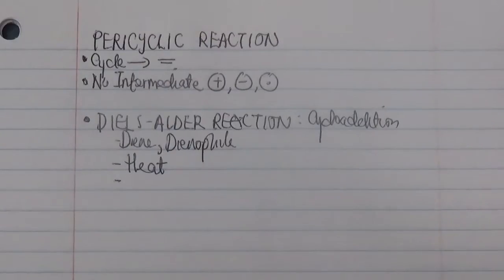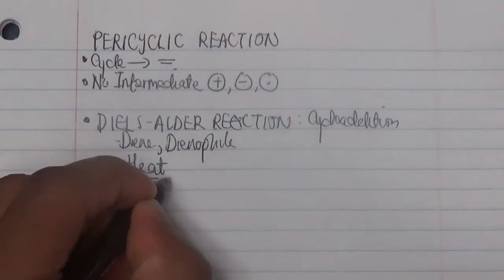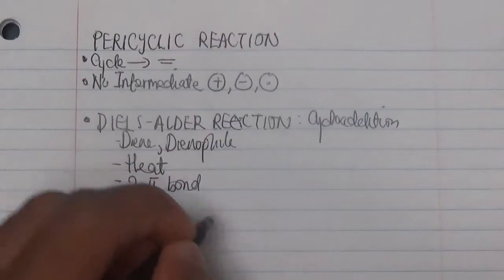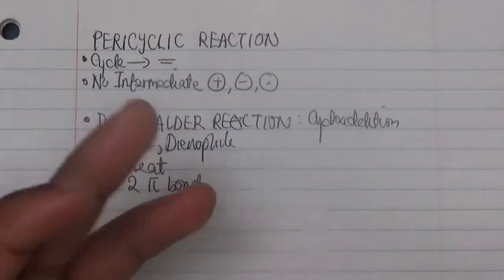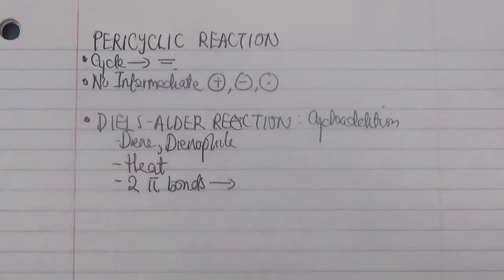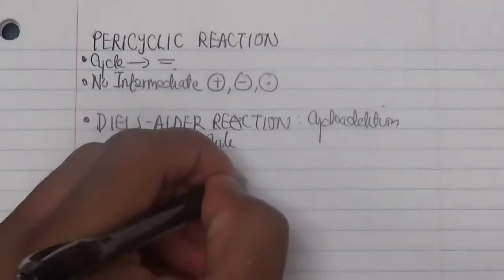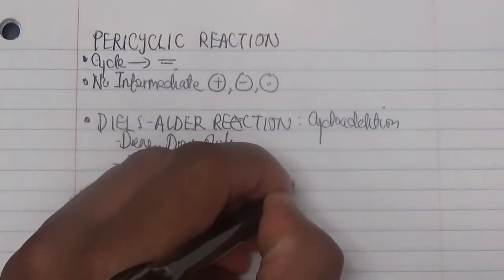Another important thing you need to note is that there is a change in the number of bonds, or the appearance of pi bonds versus sigma bonds. Two pi bonds are sacrificed, and this sacrifice leads to the formation of two sigma bonds.